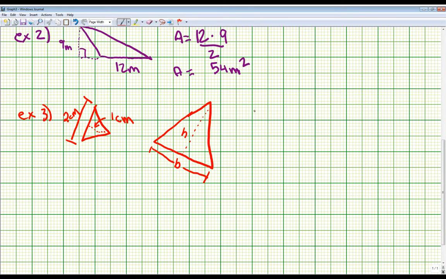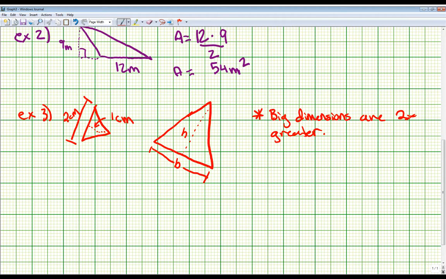So in the directions, it tells us that the big dimensions are 2 times more. So we're going to write that down. Big dimensions are 2 times greater. That's going to help us determine what these dimensions are here.